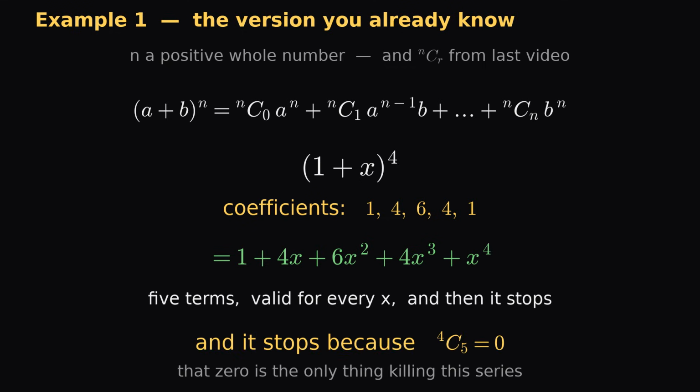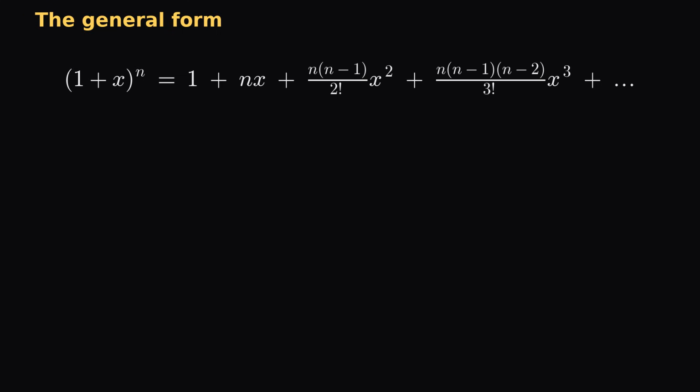And hold on to why it stops. 4C5 is 0, and so is everything after it. That 0 is the only thing killing this series. Here's the general form, and it is written differently on purpose. 1 + nx + n(n-1)/2! x^2 + n(n-1)(n-2)/3! x^3, and so on.